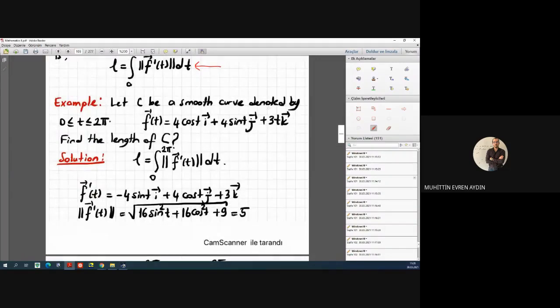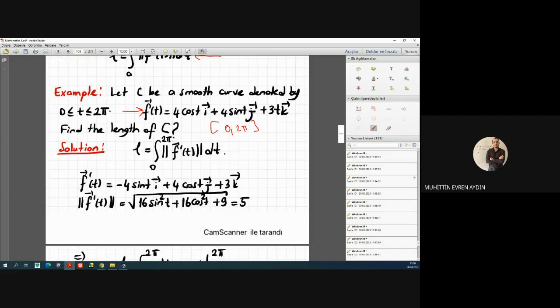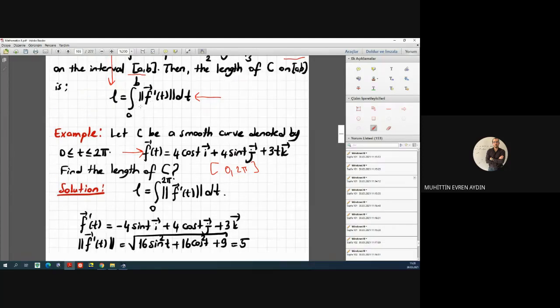Let's give an example. Let C be a smooth curve defined by this vector valued function on the interval 0 to 2 pi, and let's find its length. The length is defined as the integral of the norm of the first derivative.